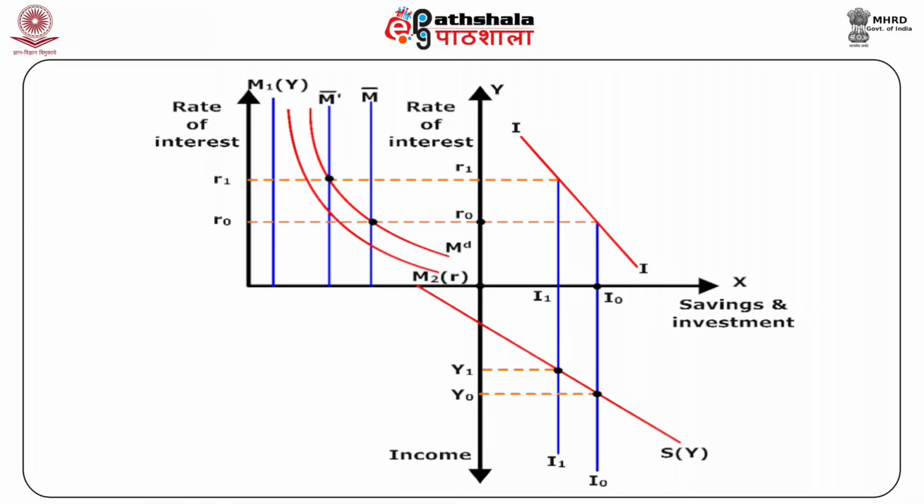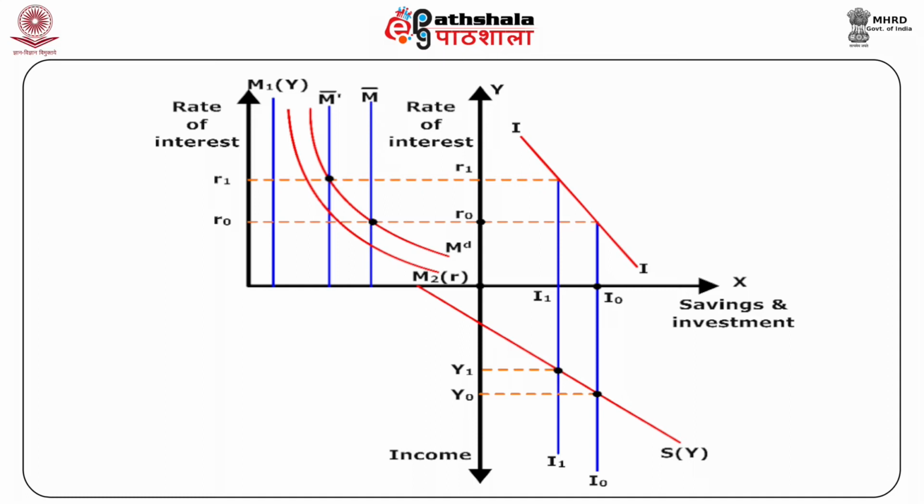So, as the level of income changes, M1, which depends upon the level of income, would also change. And if this happens, then the money demand function would also change in the money market. Although this has not been shown in the diagram, you can imagine that the money demand function would contract if we are moving from Y0 to Y1, and it would expand if we are moving from Y1 to Y0 in the product market.